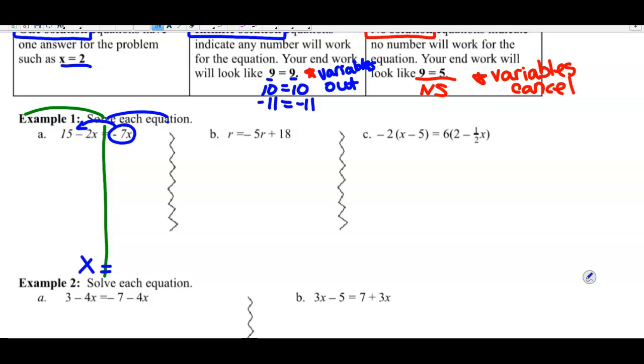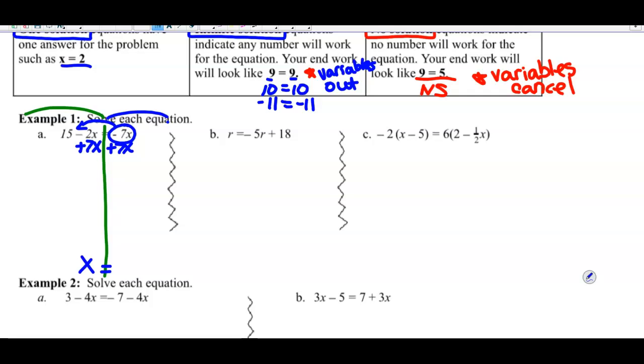You take the whole variable term, and you either add or subtract it. So since this is negative or minus 7x, I'm going to add 7x to both sides. Now, this is the important part. I have to make sure I line mine up because I can't combine like terms if they're not lined up. So this plus 7x goes right underneath the x term, the minus 2x.